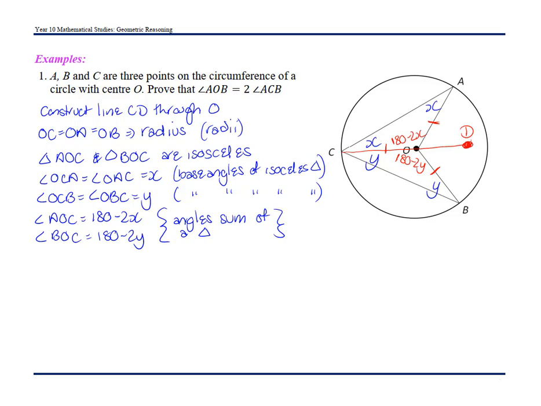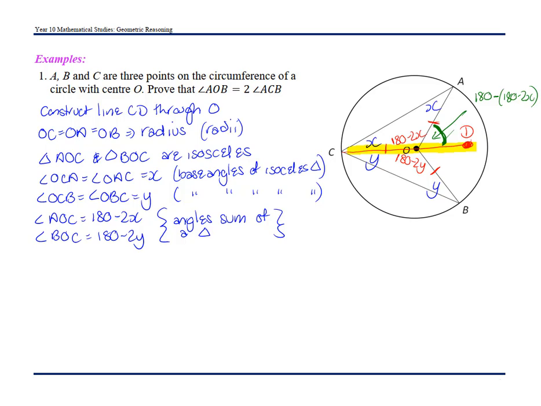Okay, so that means this angle here, that's a straight line. Okay, so if I use a highlighter for you to see that, we're dealing with this straight line here. So that means that angle there has to equal 180 minus the 180 minus 2x, because I have to add up to 180 degrees.